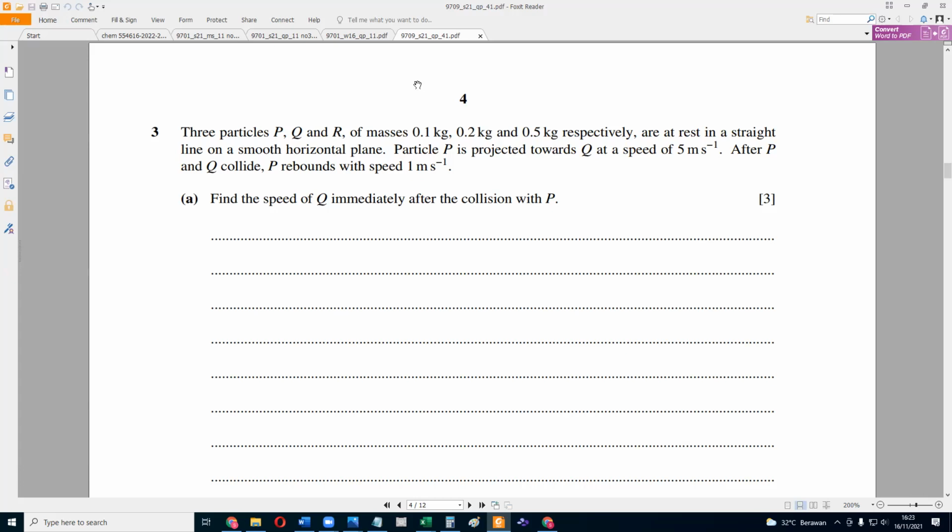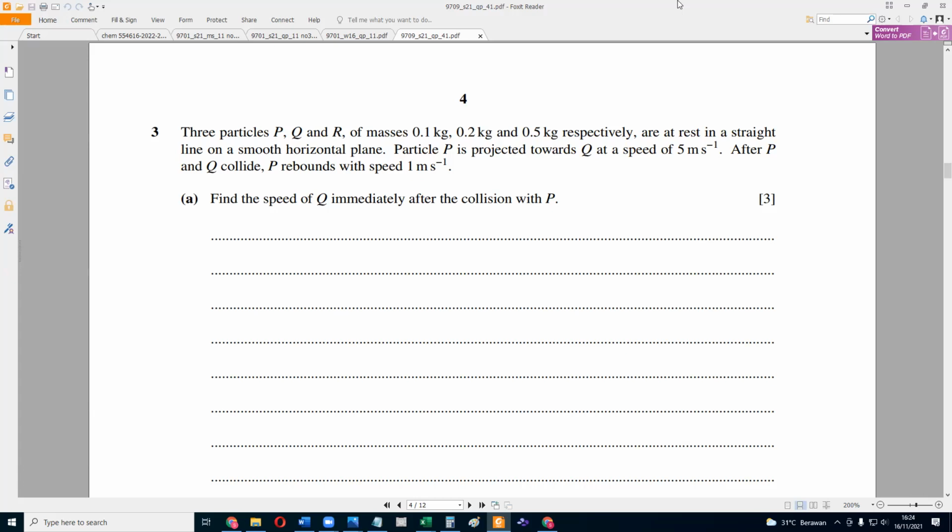Find the speed of Q immediately after collision with P. Okay, so here we have P and we have Q, at rest, in a straight line on a smooth horizontal plane. Then P is projected at the speed of 5 meters per second. Now, what happened after this? They are going to collide, right? After the collision, P rebounds with 1 meter per second. What happened to Q then?